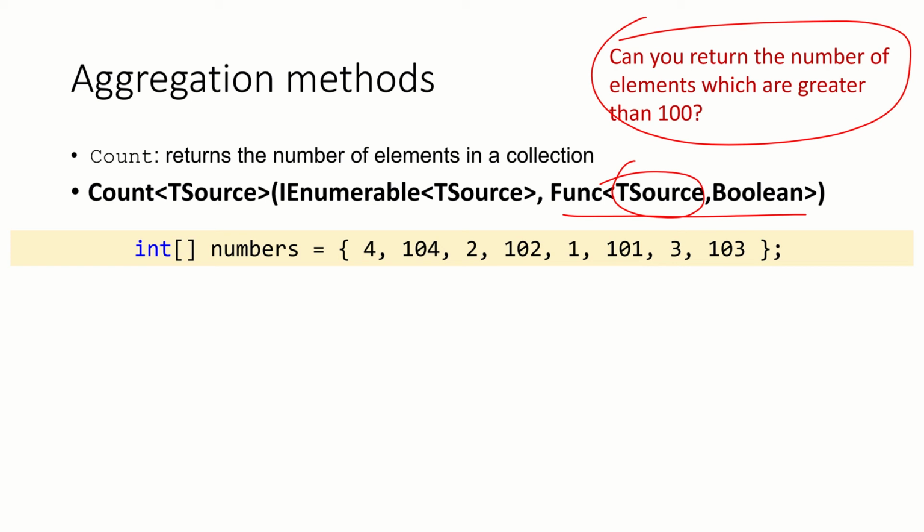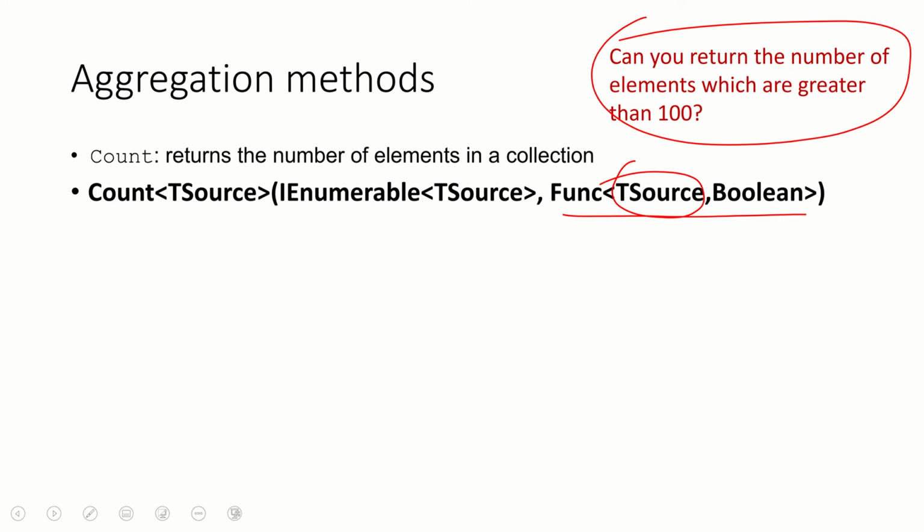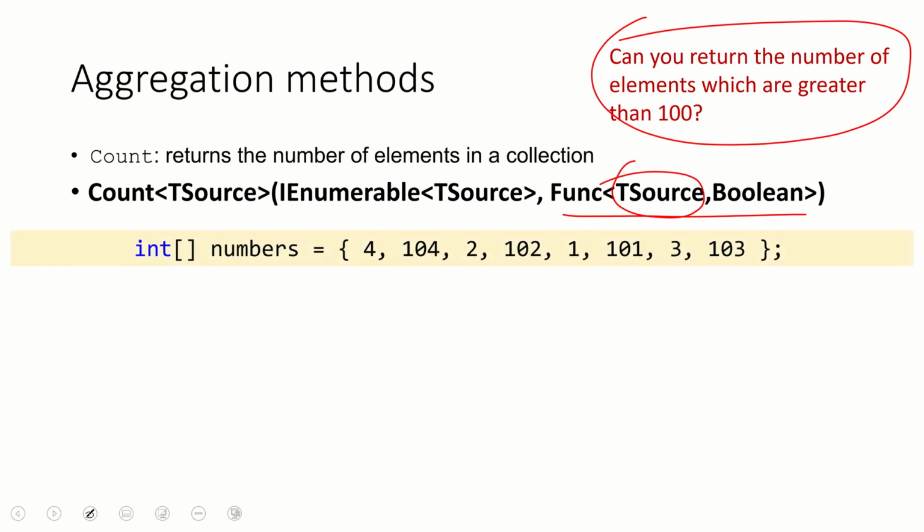First of all, you need to know which type will be returned. Count will return an int. So first of all, you declare an int and give it any name for the element count.